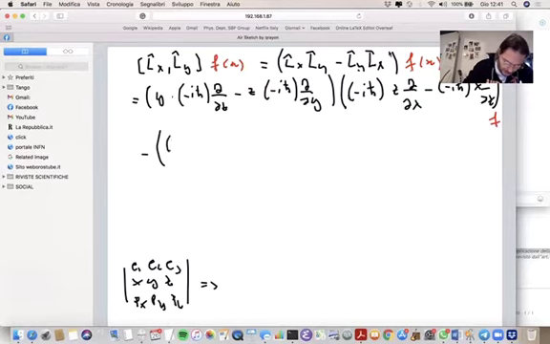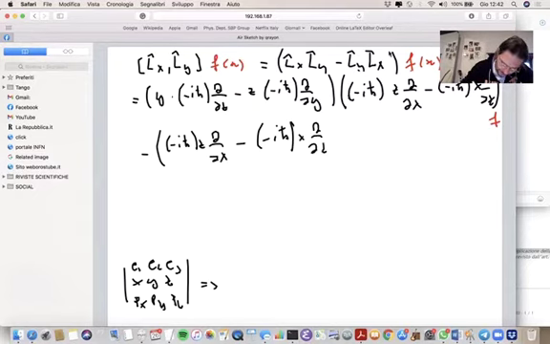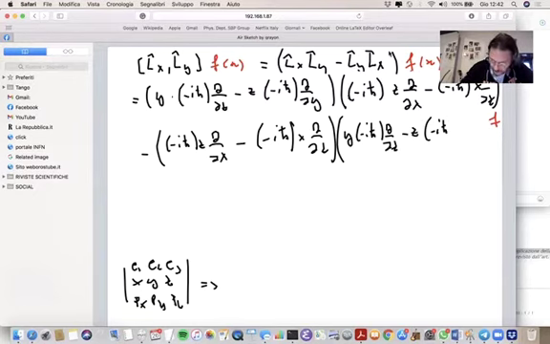So negative iħ z d by dx, negative iħ x d by dz, and this is Ly, and then I put Lx, which is y, negative iħ d by dz, negative z, negative iħ d by dy, applied to my function f.